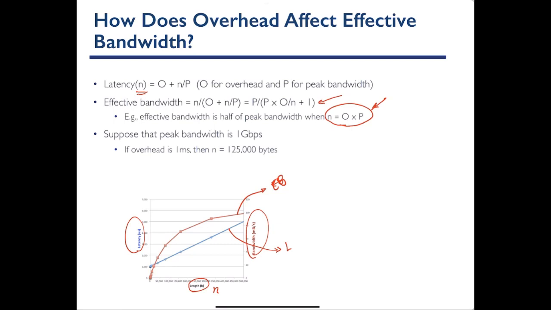Now, this particular example is a slow device with 1 gigabit per second peak bandwidth. Let's assume that the overhead is 1 millisecond, and the number of bytes is this many. This is the overhead O, and let's assume that N equals this.